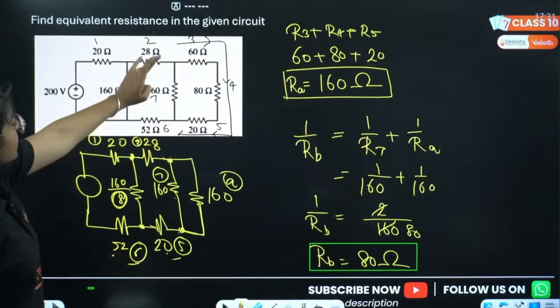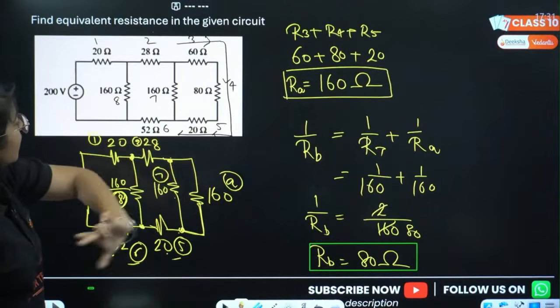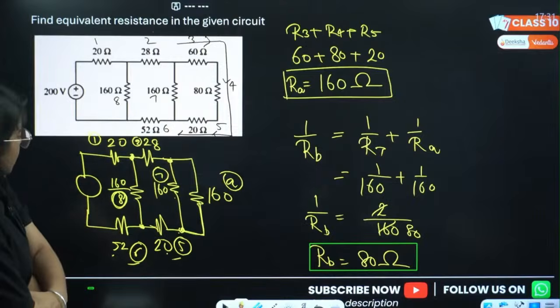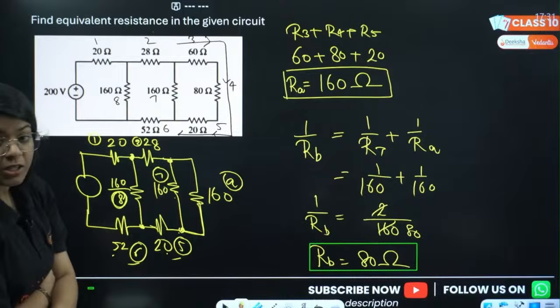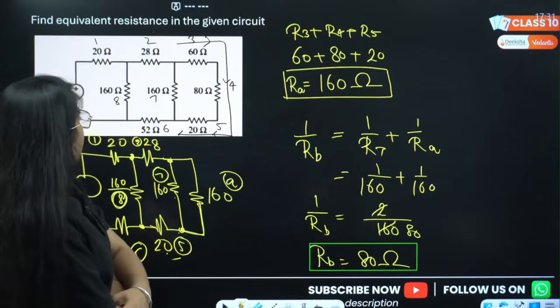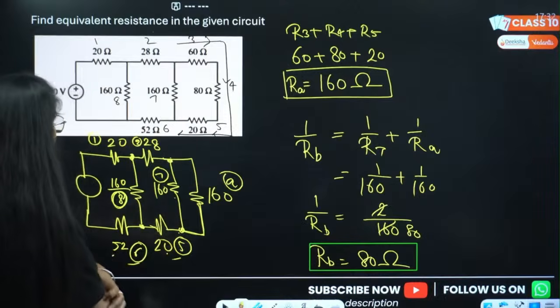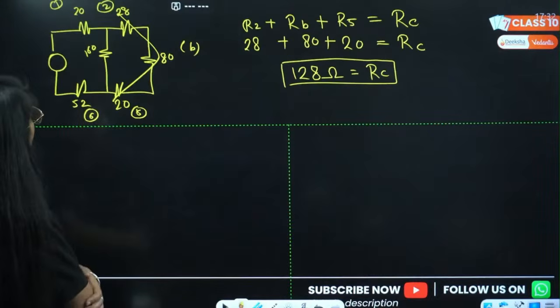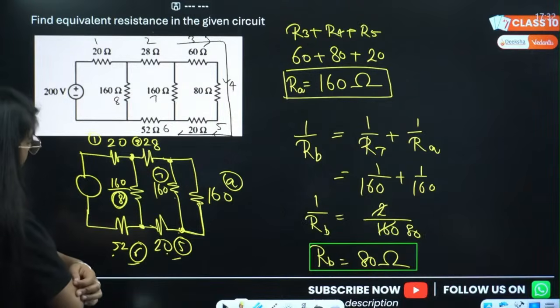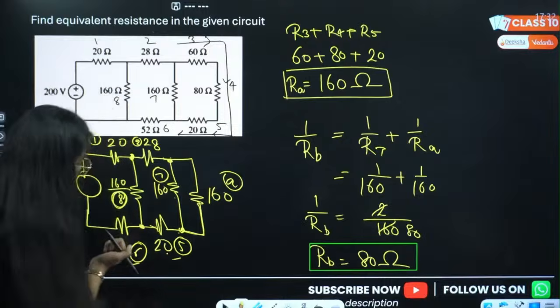20, 80, 60, that will be yes, correct. 160, then 160, till here the calculation is correct, right? 160, it will be 80, then 28 plus 80 plus 52. Did I do something wrong? Oh, ruko.